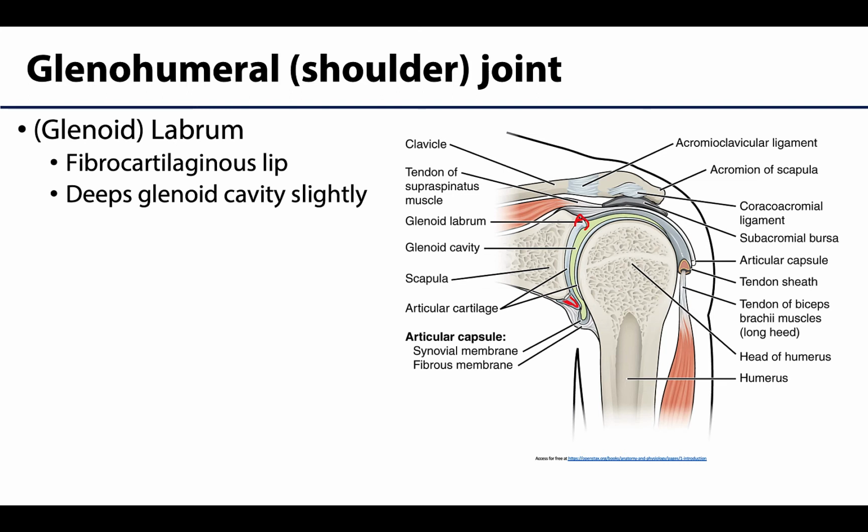And this is the labra, or the glenoid labrum. These are those fibrocartilaginous lips that play a role in deepening that glenoid cavity. So you can see that it kind of extends out this way to allow for that head to fit a little bit better in the glenoid cavity region. So remember, ball and socket joints, think labra.